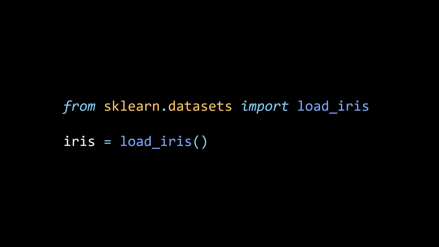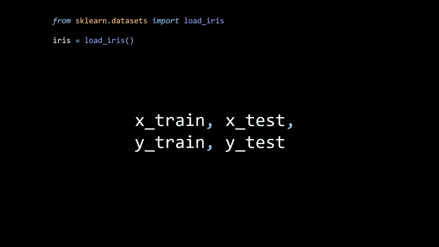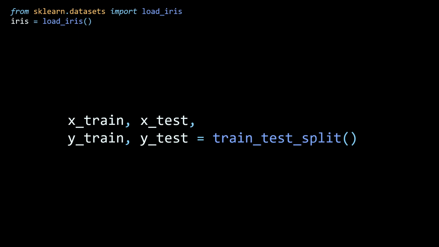Let us now continue the program. We had loaded the dataset into the variable iris. We create four variables indicating the parts of the dataset: X train, X test, Y train, Y test. Train test split is a function that can be used to divide this dataset through a single line of code.